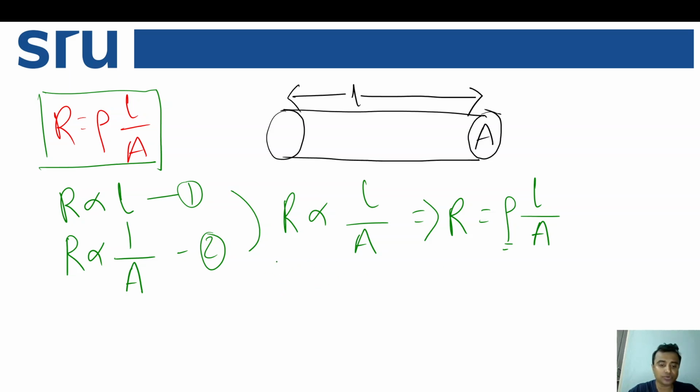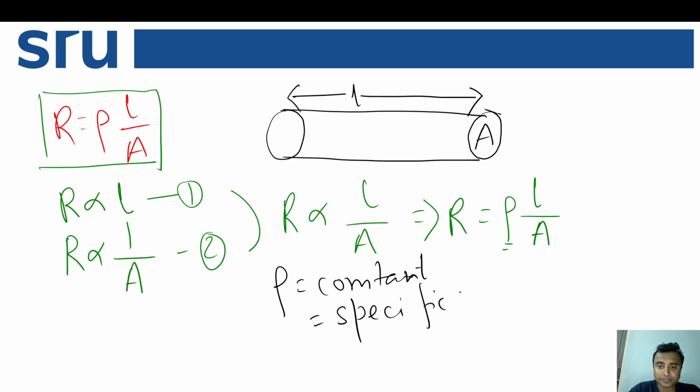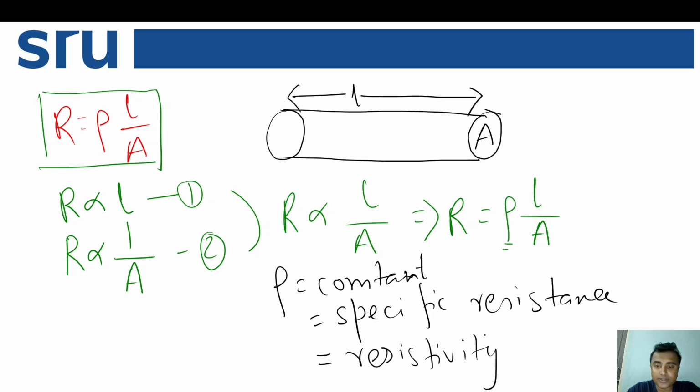So this rho is actually a constant, and it is sometimes called the specific resistance, or it is also called the resistivity. Okay, so these are the names of this particular constant rho.